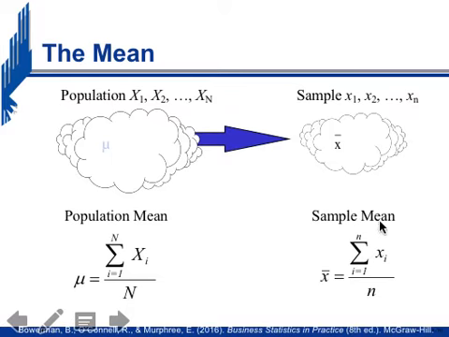While the sample mean is represented by small letter x with a bar on top, normally read as x bar. The computation is very similar to the population mean. It's just the sum of all the values in the sample divided by the sample size, small letter n.